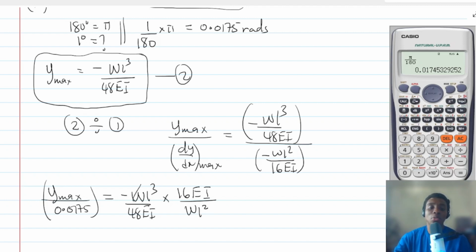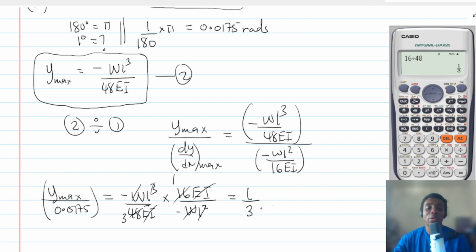W will cancel W, EI will cancel EI, L squared will also cancel, the minus sign will also cancel, and 16 will go into 48 three times. So we are going to get L divided by 3. If you are not sure, 16 divided by 48 is 1/3. So now everybody is happy.